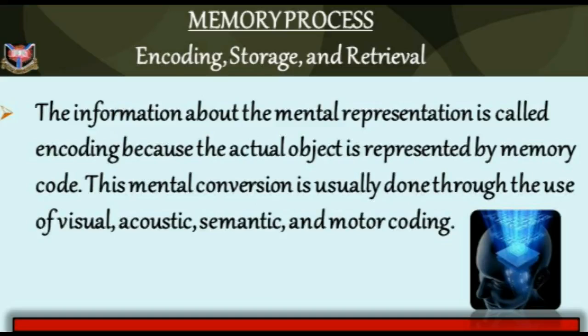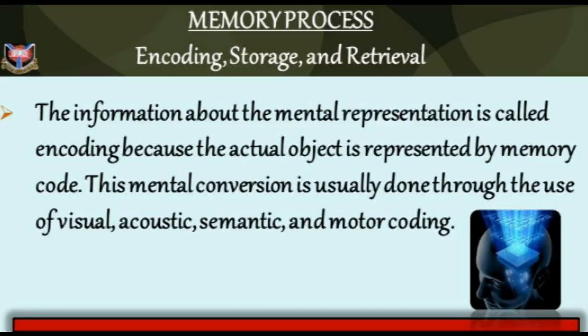Having completed the task of memorizing the number, how then do we remember anything about the number? In the first instance, the information memorized must be transferred into a mental representation, an image in your mind. The transformation of the information into a mental representation is called encoding, because the actual object is represented by a memory code.